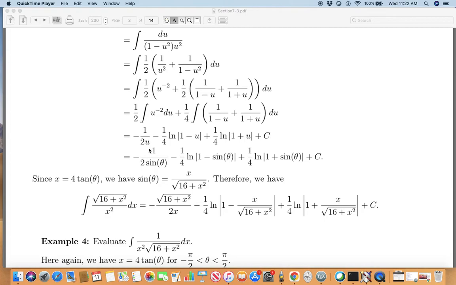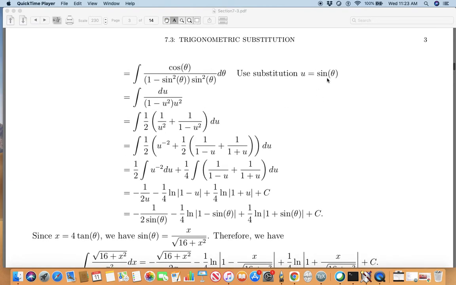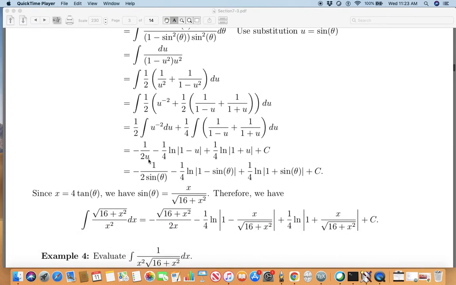Now go back to what u was and resubstitute. So u is sine theta. So we have resubstituted u to be sine theta. At the end, let's remember what theta itself was, right? x is 4 tan theta. So sine theta is x over the square root of 16 plus x squared.